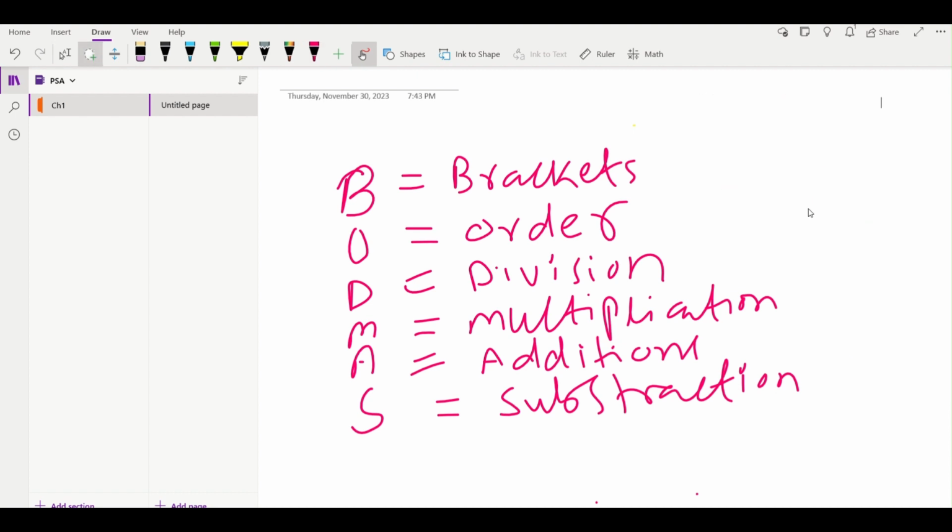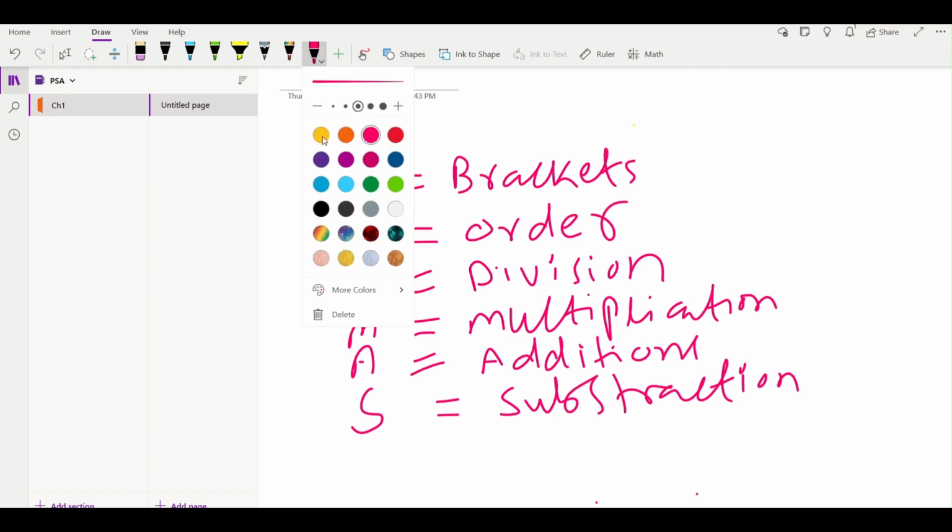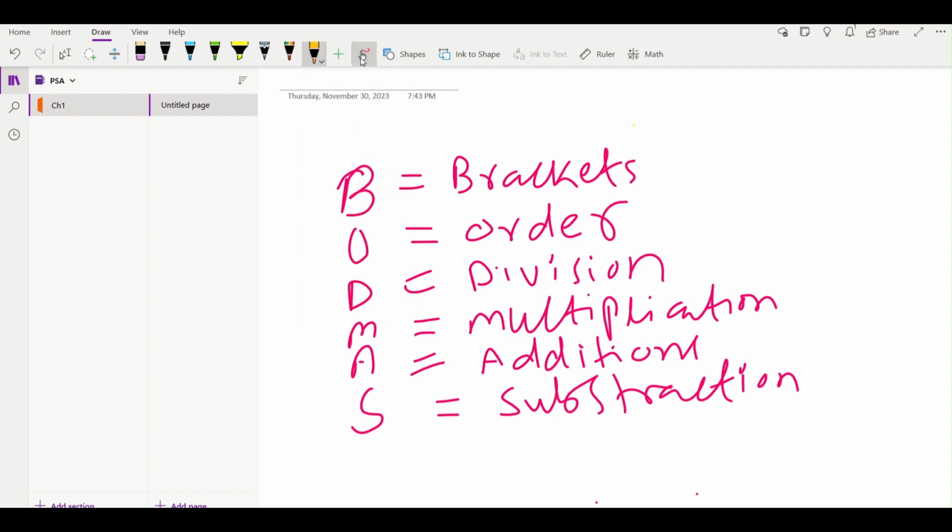The second one is order, which means it would be in the square root form or the x square, e square form. So second, we have to solve these orders.